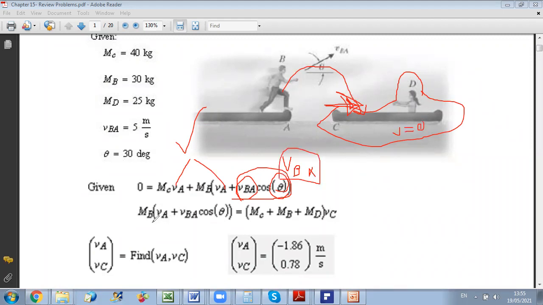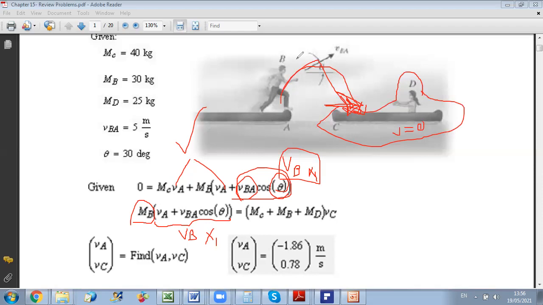So all I have to do for the initial state of the second phase is replace mass of B times velocity of B in X. We call this VBX1. It equals the final state, when B, C and D are at one velocity, because he will land on them and that's it; afterwards there is no relative motion, they will move together.